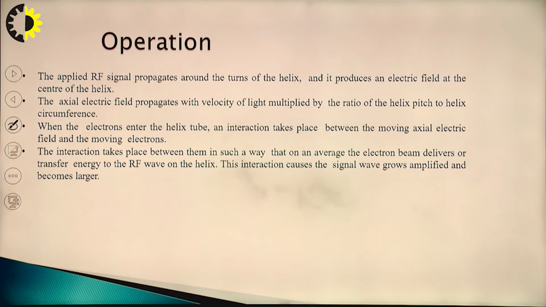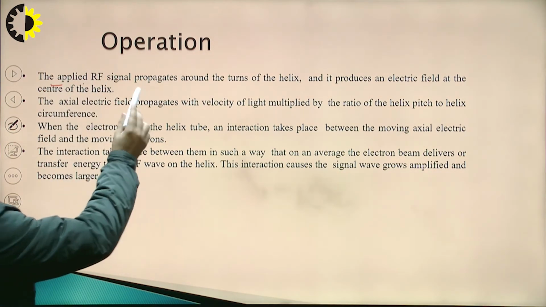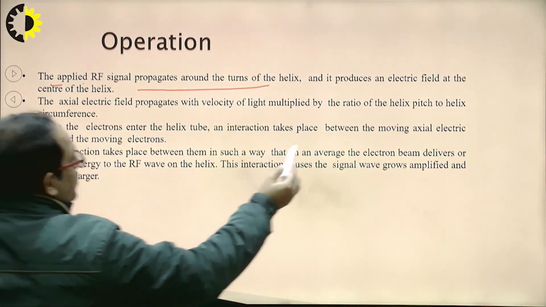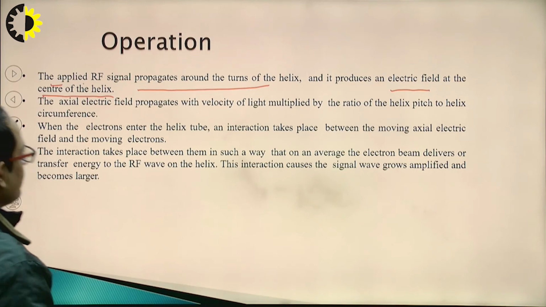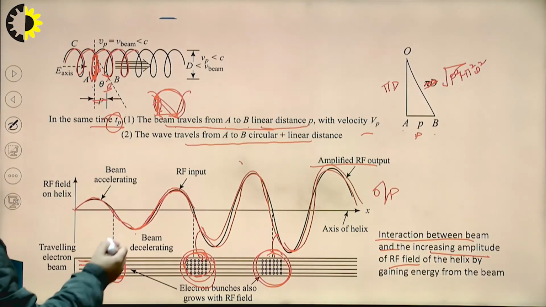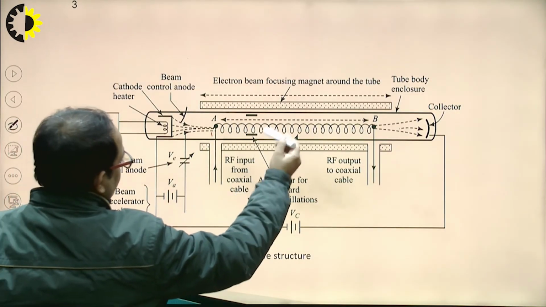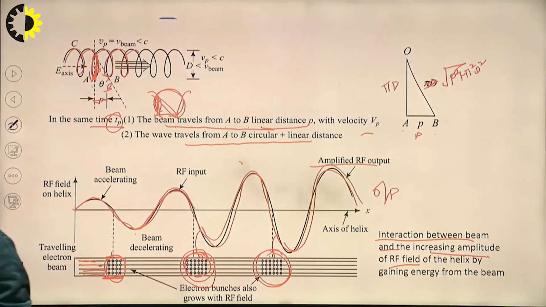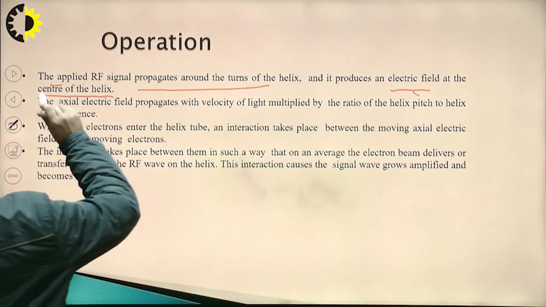Now again I am telling this: the applied RF field propagates around the turns of the helix. It produces an electric field at the center of the helix.